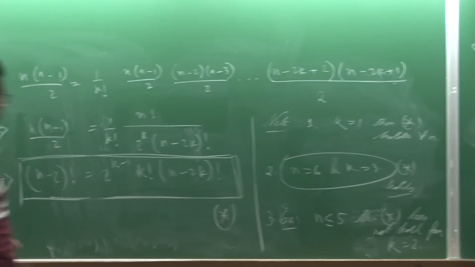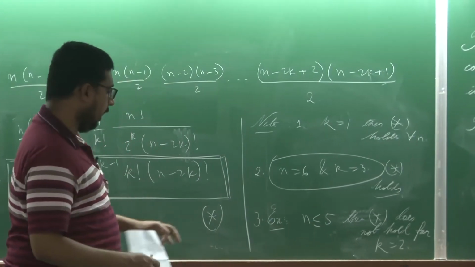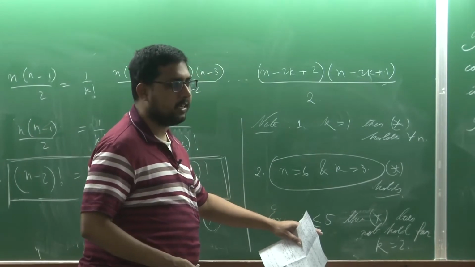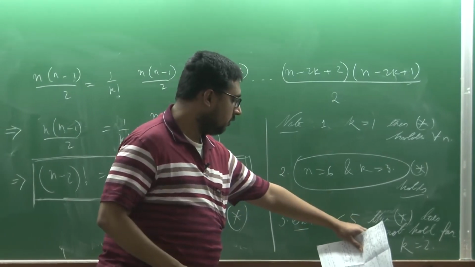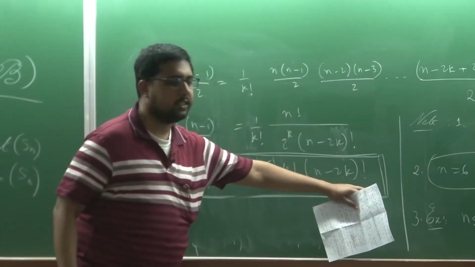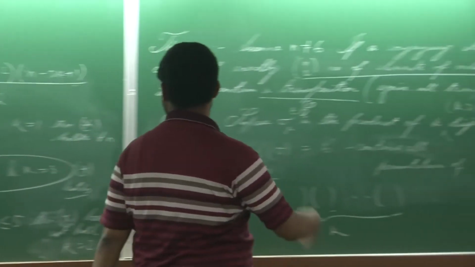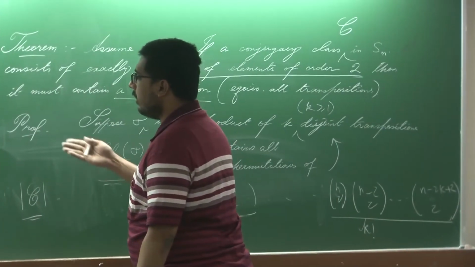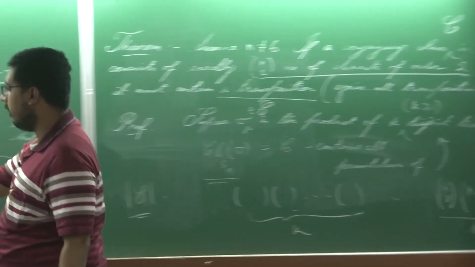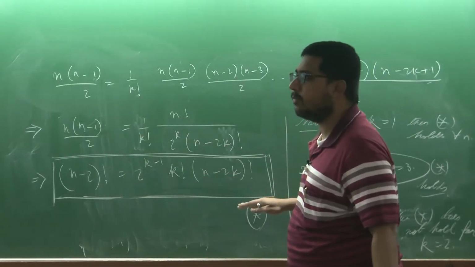So, therefore, when n is less than 6, certainly we do not have any chance to have this formula with k greater than 1. And now what we will show is the complementary case, that is when n is bigger than at least 7, then still it is not possible.